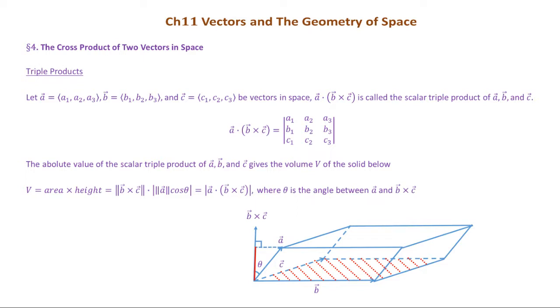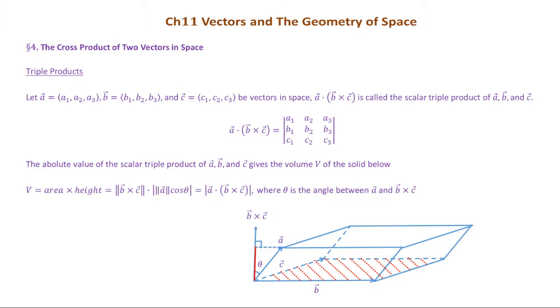Okay, but then if you consider A and B cross C as two vectors, as shown in the graph, then the whole thing is just the dot product of those two vectors.